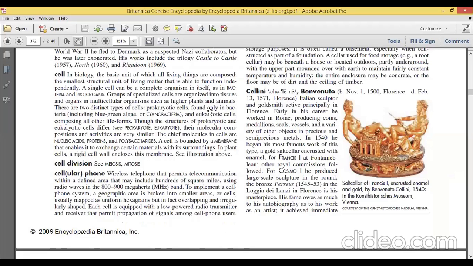So the encyclopedia defines the cell phone as a wireless telephone that permits telecommunication within a defined area that may include hundreds of square miles using radio waves in the 800 to 900 megahertz band. So here, as you see in this reference book, this encyclopedia, they give you the most needed information about the cell phone, for example.